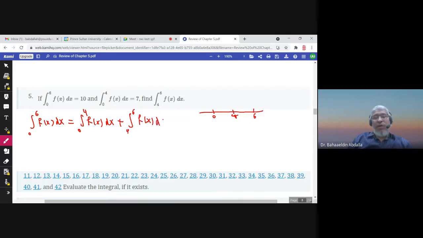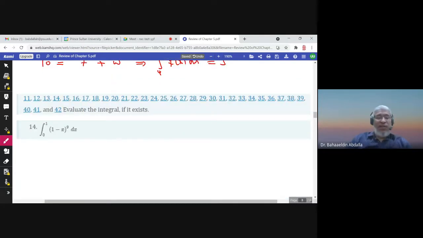We can divide the integral using a number in the middle. So this is 10 as given in the question, and this is 7, and this is required. Let me call it W. So W is 10 minus 7, which is 3. So the integral of f of x from 4 to 6 should be 3.